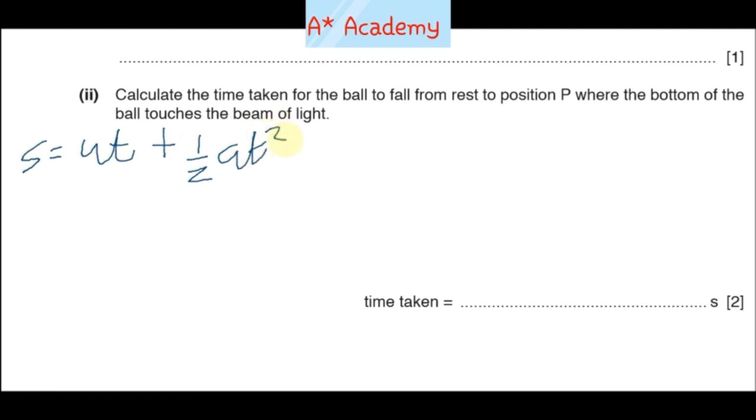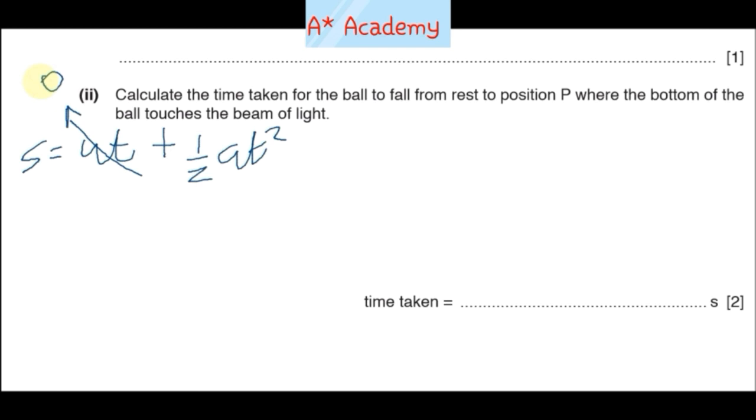Now u is 0, so ut there will give us 0. So we'll be left with s is equal to half at squared. And we know what s is.